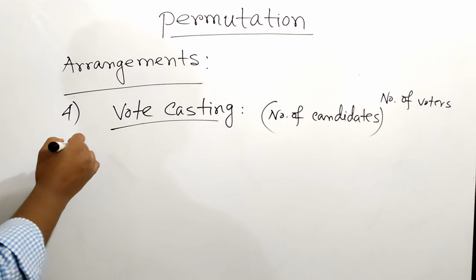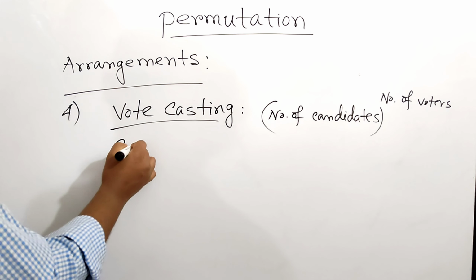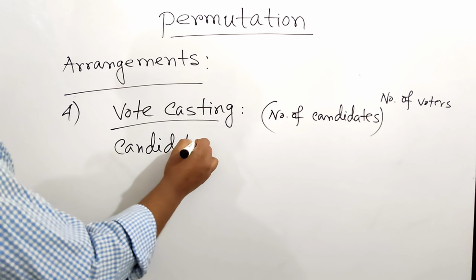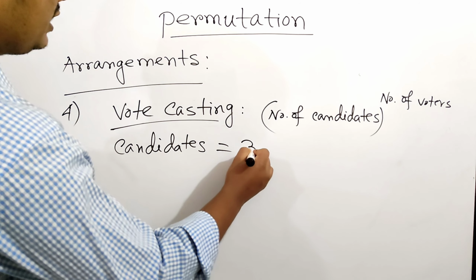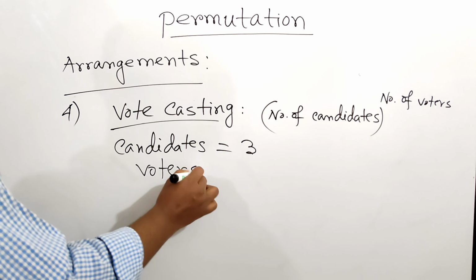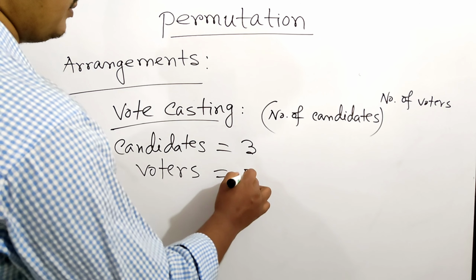So suppose candidates equal 3 and voters equal 5.